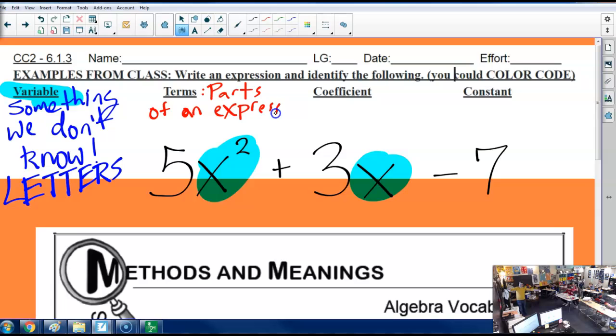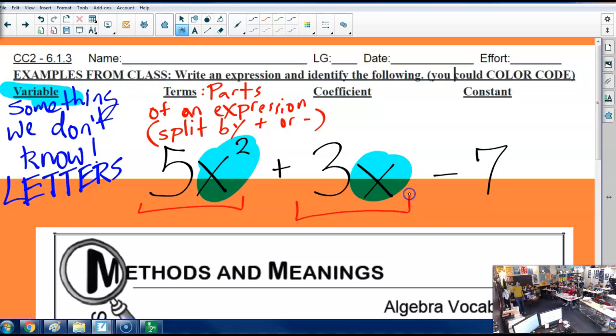What are you trying to say? The addition and subtraction are the ones that split it up. Yep. So if you look at it, 1, 2, 3. Yeah, so this is a term, this is a term, and this is a term.